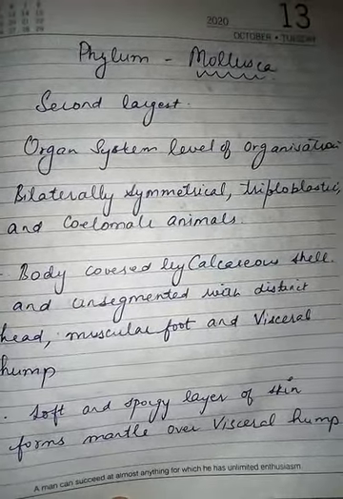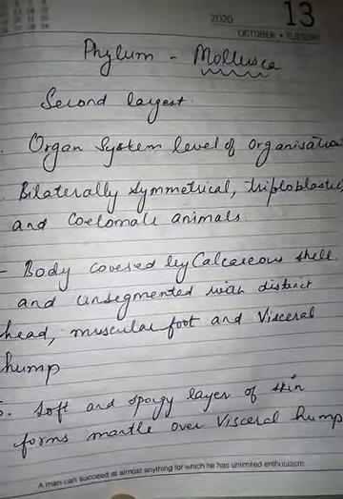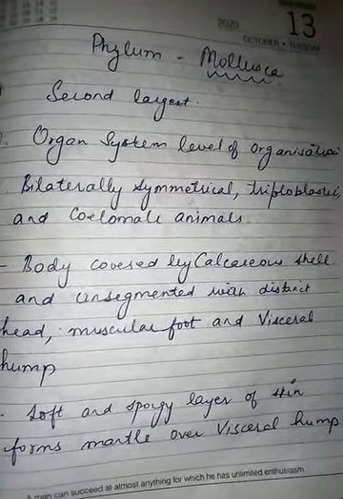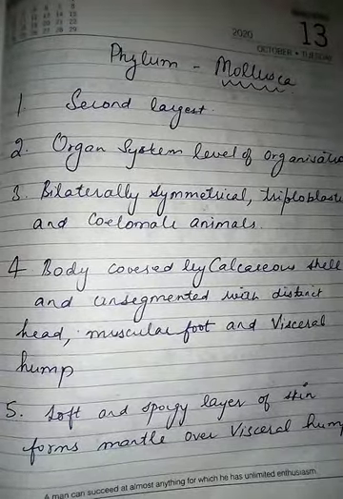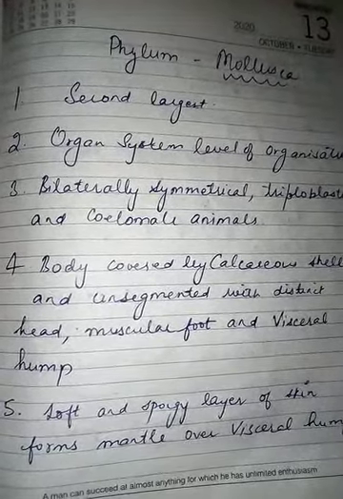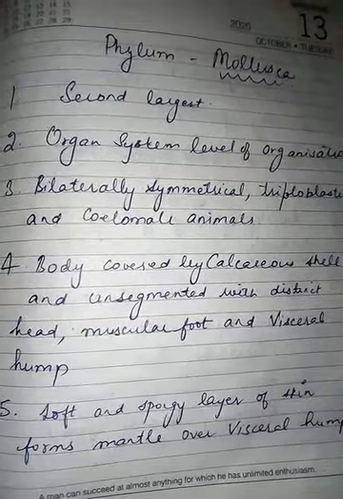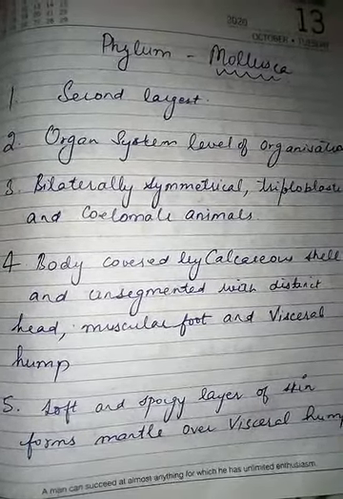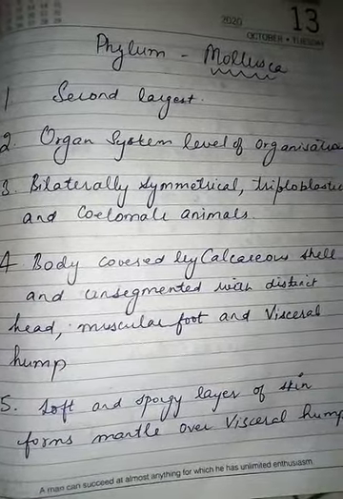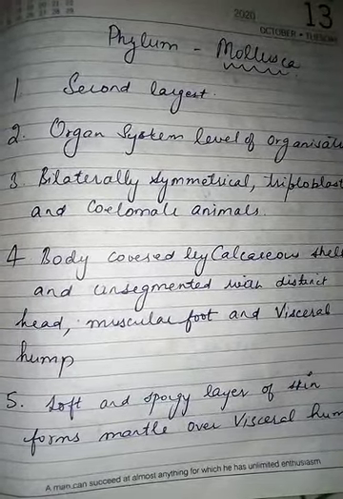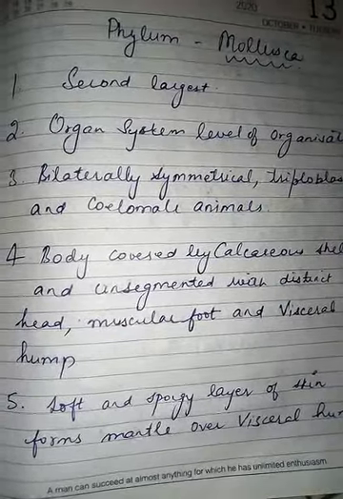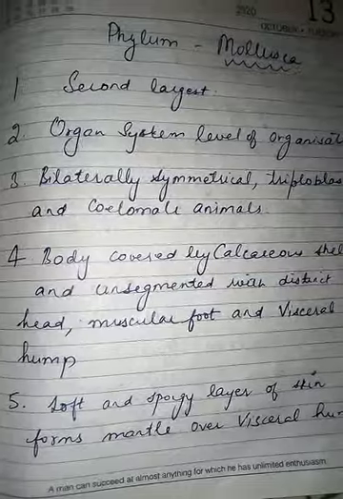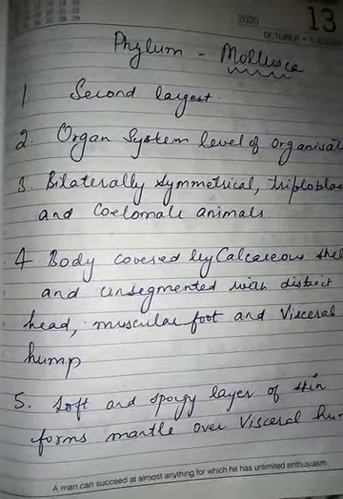Body is covered by a calcareous shell and is unsegmented. The body of Arthropoda and Annelida is segmented, but the body of Mollusca is unsegmented, covered by shell with distinct head, muscular foot and visceral hump.